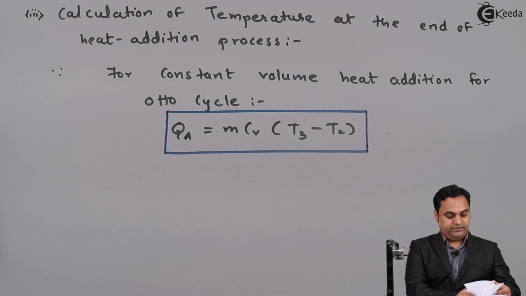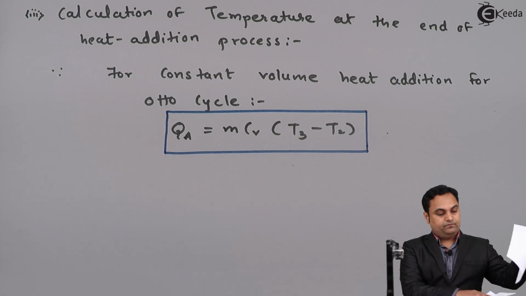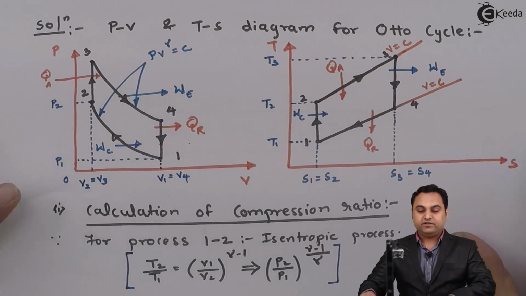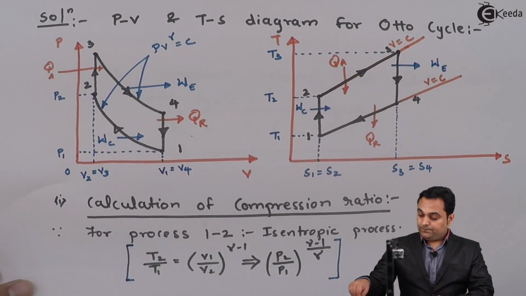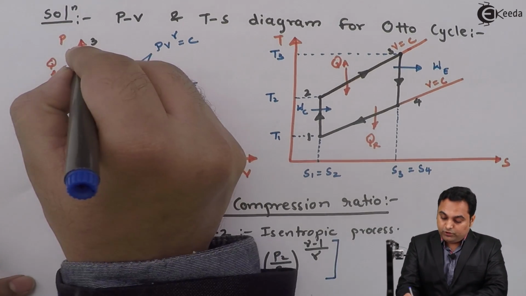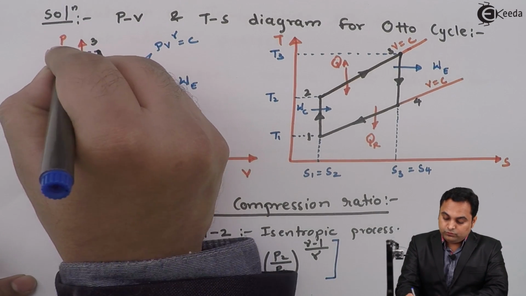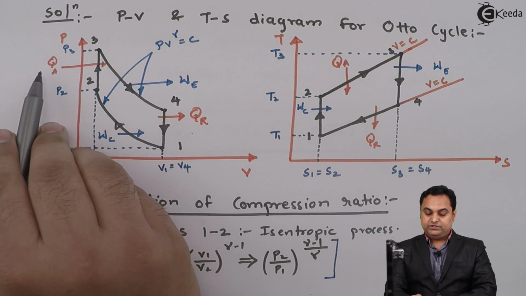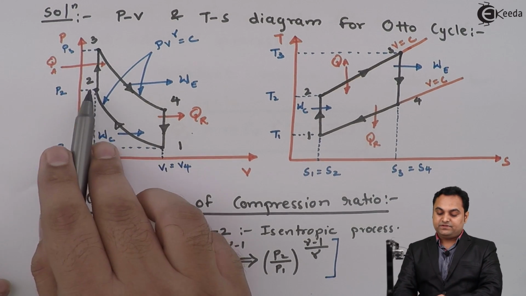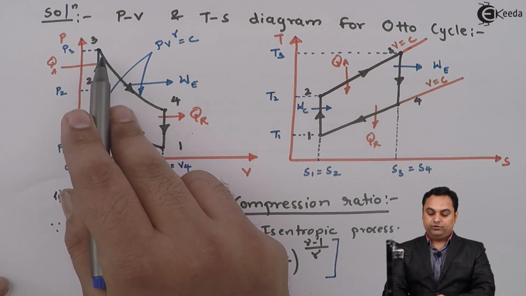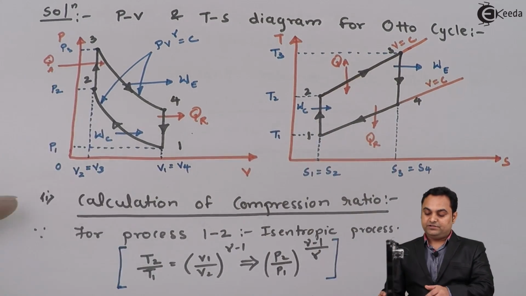This can be explained from the PV and TS diagrams. Here heat is added at constant volume from point 2 to point 3. So this heat added can be written as m Cv, because it is at constant volume, into the temperature difference T3 minus T2.